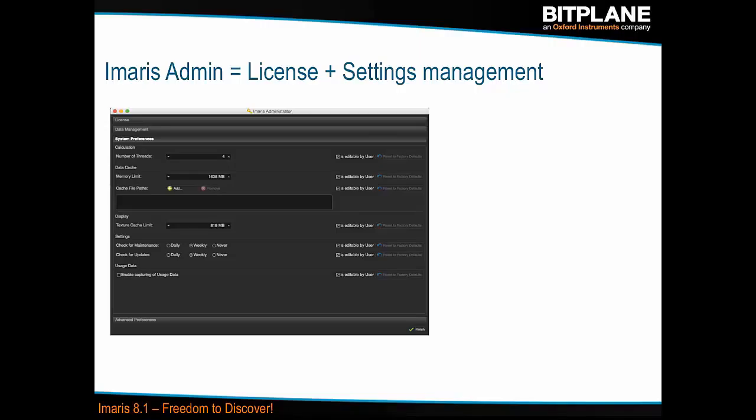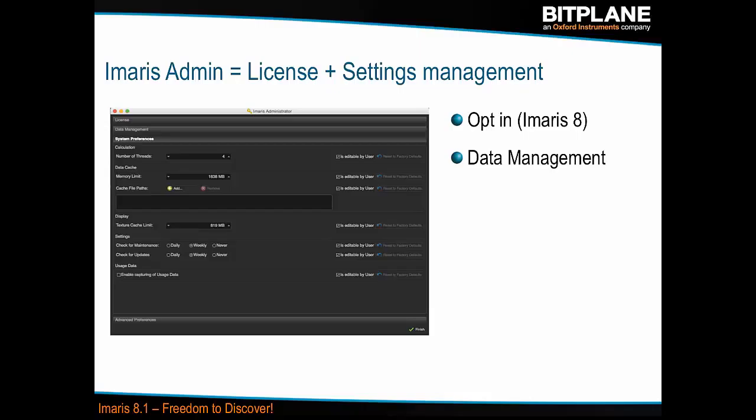What you get here is, first of all, the functionality you already had in Imaris 8. So you have the opt-in option, which means you can control which licenses are available for floating, which are not. This is something you already had from 8 onwards. It continues to be there.